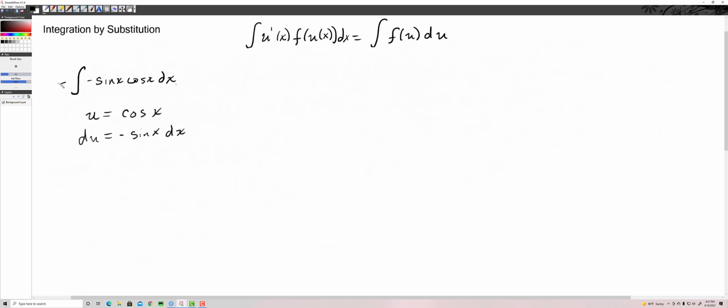So I'm going to put a negative sign here and then a negative sign in front of the integral, and I can rewrite this as minus the integral of u du. And what does that get me? That gets me minus u squared over 2 plus c, which is minus cosine squared x over 2 plus c.